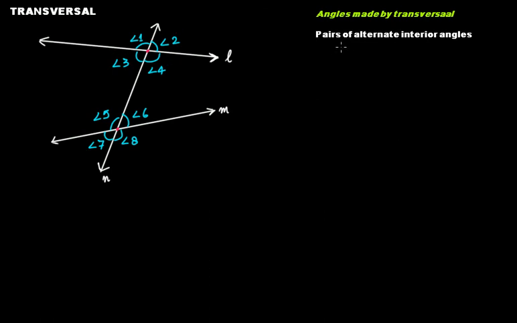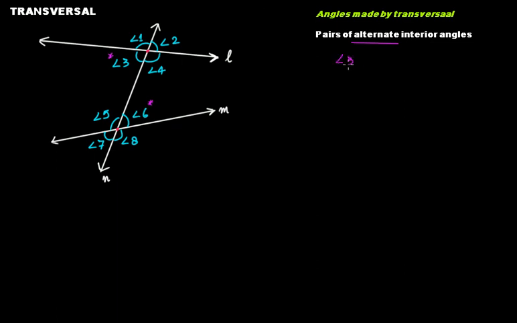Then next is pairs of alternate interior angles. This word is very important, alternate. Some time back we discussed interior angles, that was angle 3 and angle 5, but in this case we have to find alternate interior angles, and alternate interior angles will be angle 3 and angle 6.